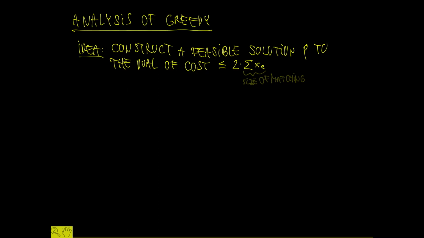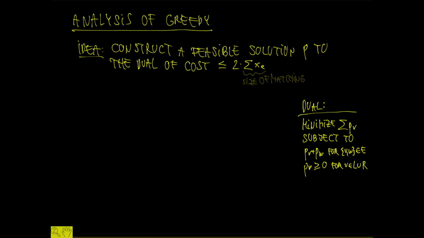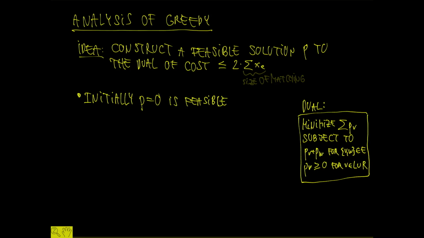Now remember that the dual wants to minimize the sum of all p_v, where p_v is a variable associated with v, under the constraint that p_v plus p_w is at least 1 for each edge vw in E. So we want to maintain this vector P at all times, and initially we can simply set P to 0 because we have no edges whatsoever, so all the constraints are void.